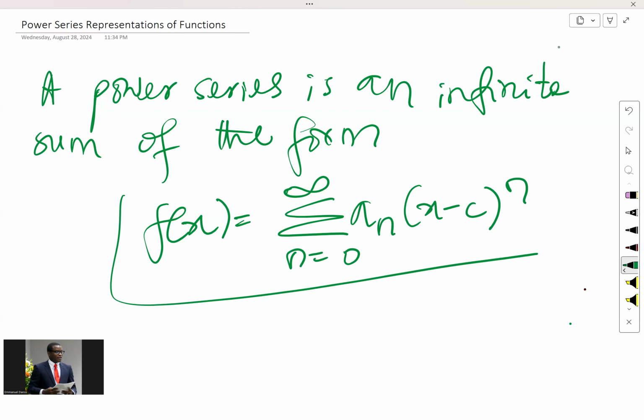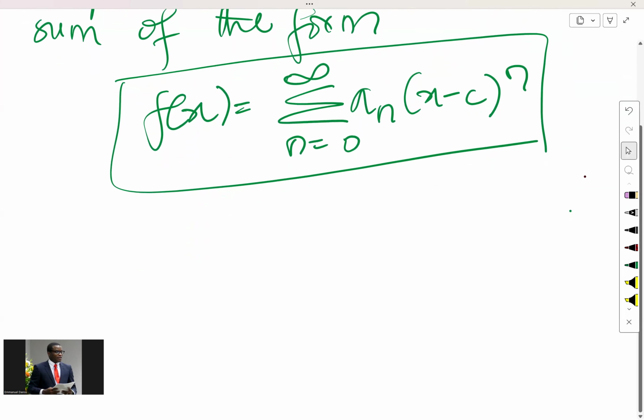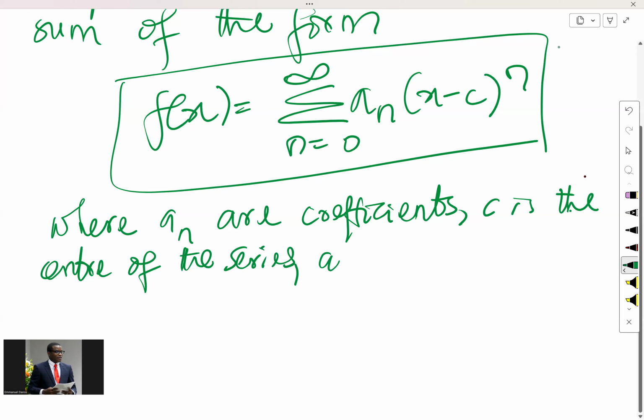So this is what a typical power series looks like. Of course, we remember again that a_n are the coefficients, c is the center of the series, and x is the variable.